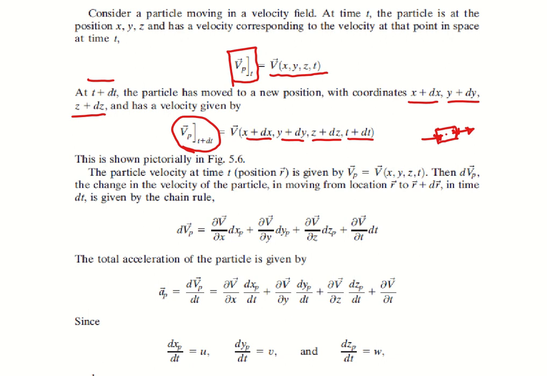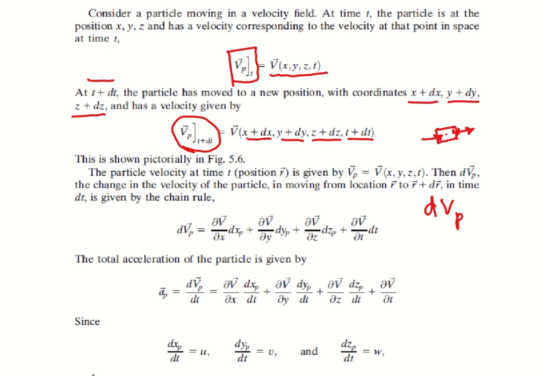So here dv, if we want to know what is the change in velocity of that particle when it moves from a point which was represented by position vector r to r plus dr, and dr may be represented by dx, dy, dz.